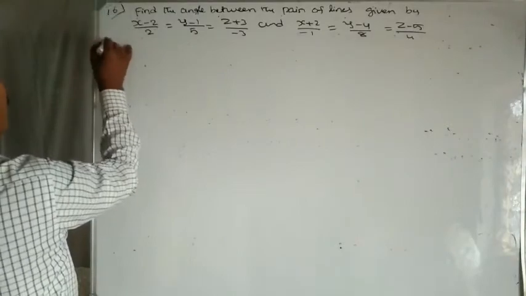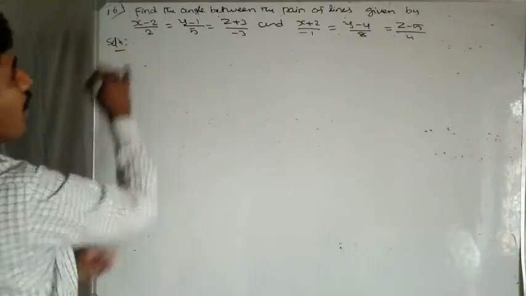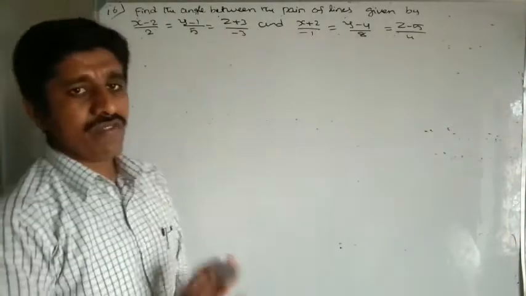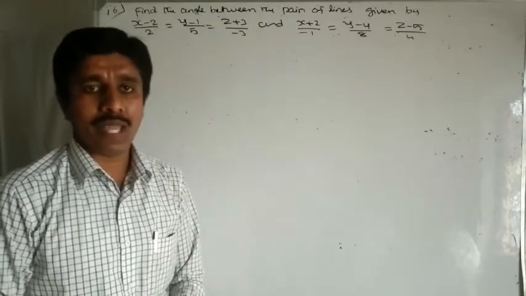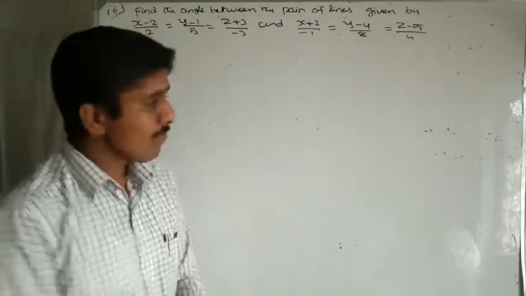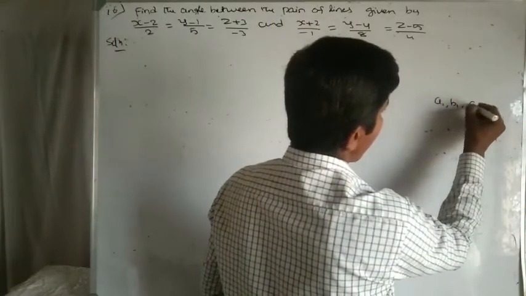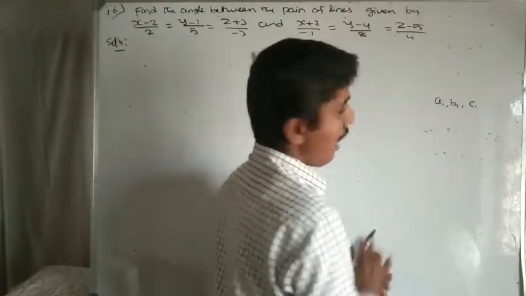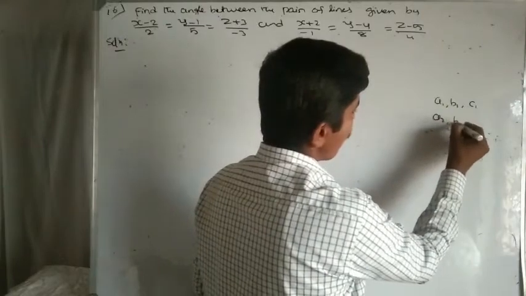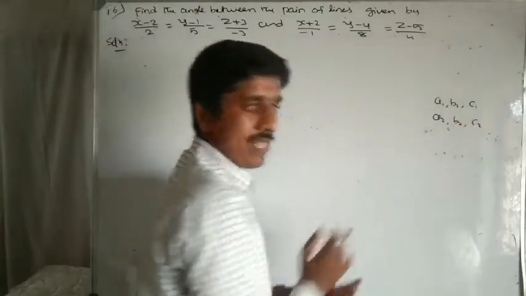Here we have the equations of lines in Cartesian form. You have to find the angle between the two lines. We know that a1, b1, c1 are the direction ratios of the first line and a2, b2, c2 are the direction ratios of the second line.